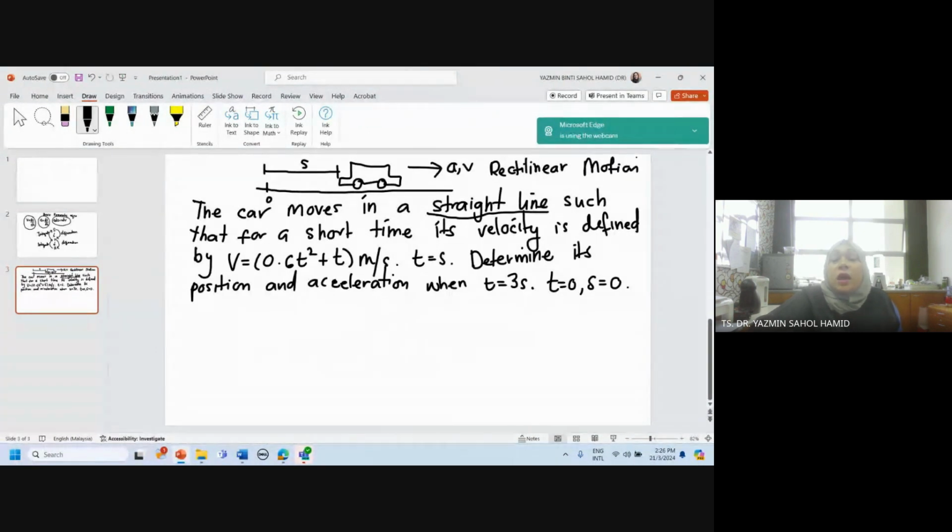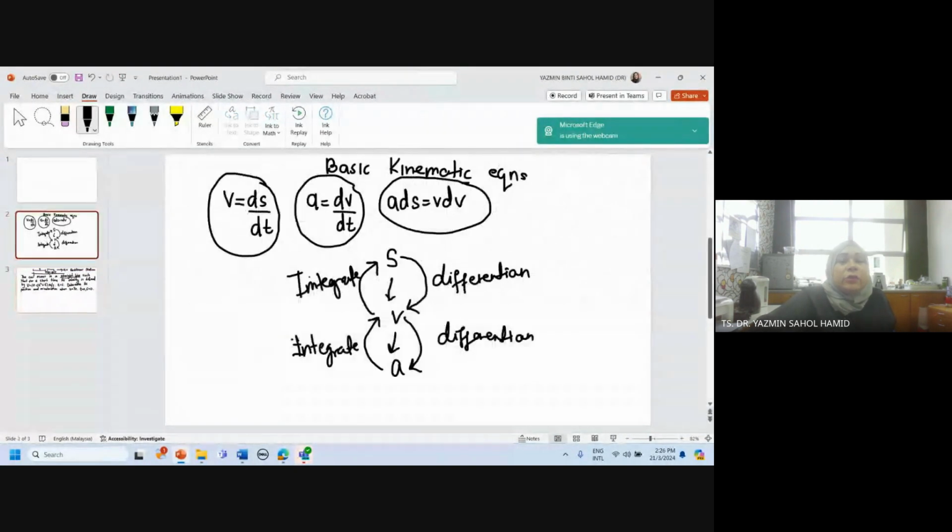So the car moves in a straight line such that for a short time its velocity is defined by v equals to 0.6 t squared plus t meters per second. Determine its position and acceleration. When you look at this equation, you know that the velocity is given as a function of time.